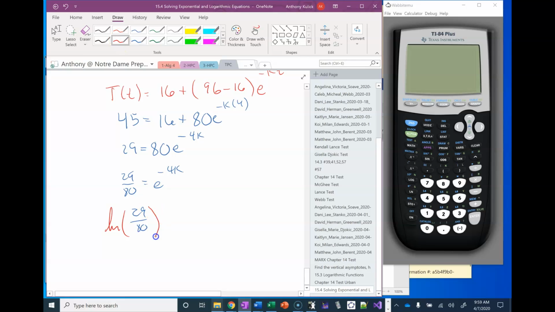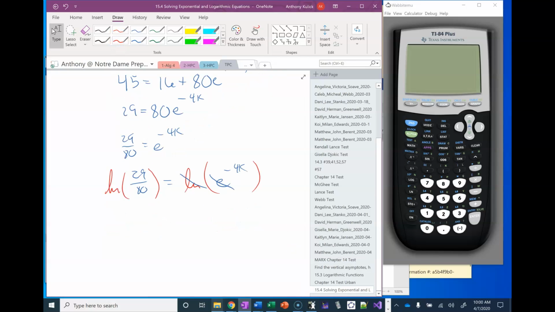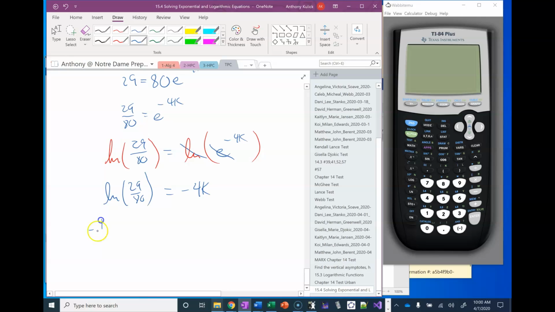Do that to both sides. So we have that, and then we just need to divide both sides by -4.